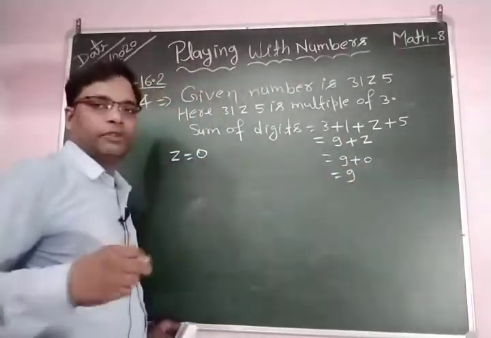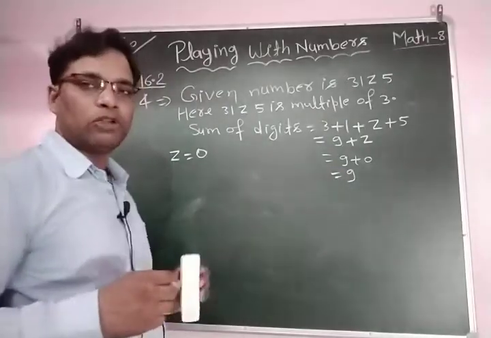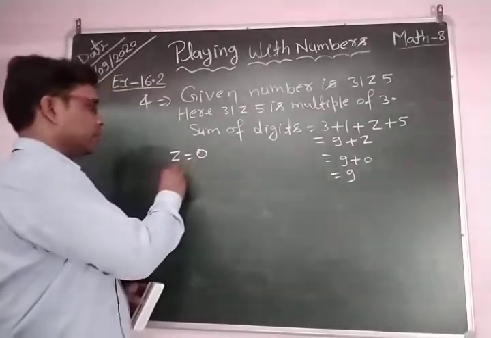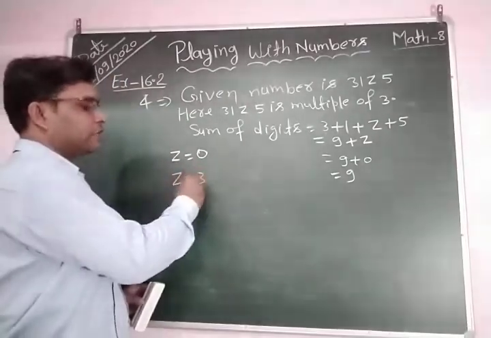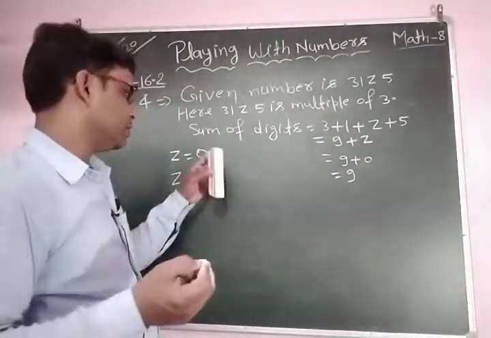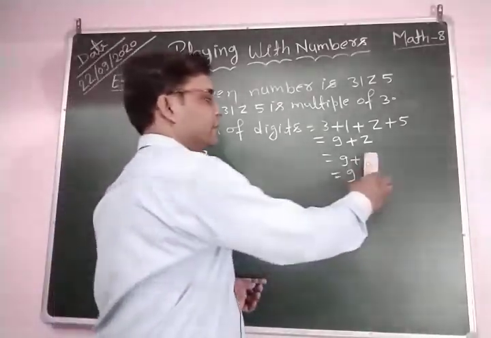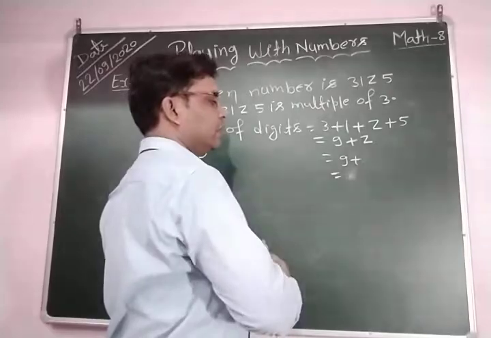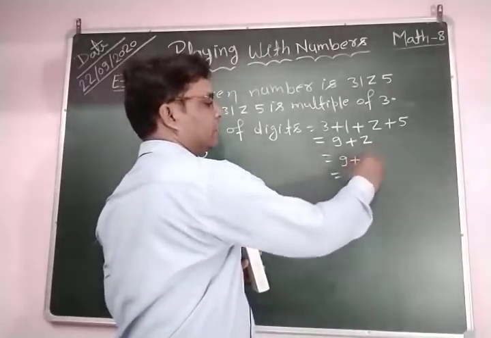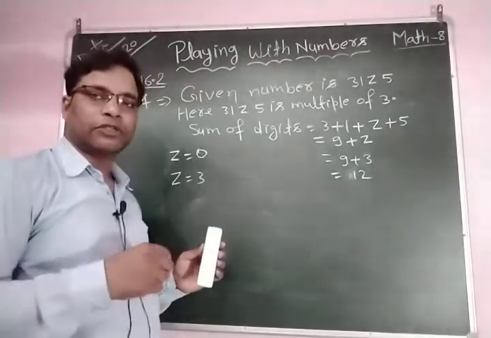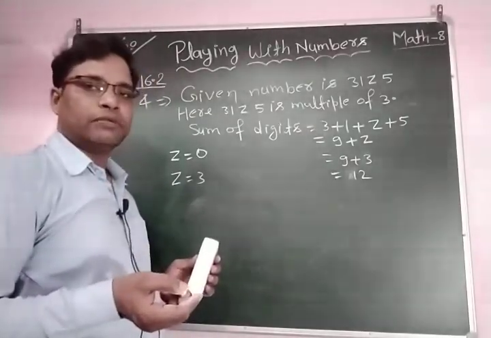Here 9 is divisible by 3, so z equal to 0 is right. Next we take the multiples of 3: 0, 3, 6 and 9. If we take z equal to 3, then 9 plus 3 is 12. 12 is divisible by 3, so z equal to 3 is a right value of z.